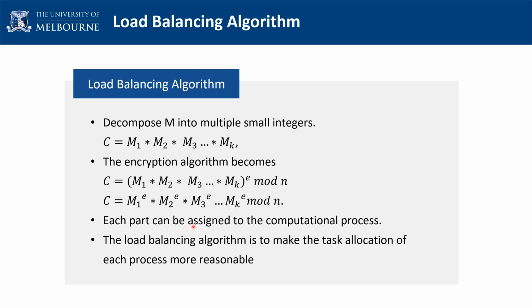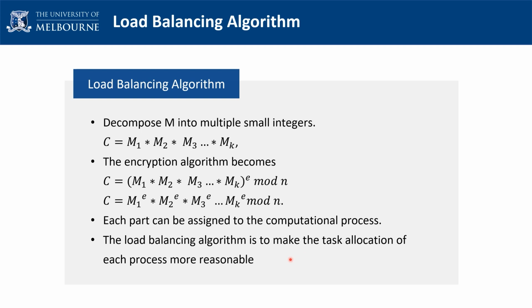It can be seen from the equation that m1 to mk are not connected to each other, but exist independently. So each part can be assigned to a computational process. But here is the problem. The size of each integer may be different after the large integer is decomposed. So the load balancing algorithm is to make the task allocation of each process more reasonable, so it can increase the speed of RSA.